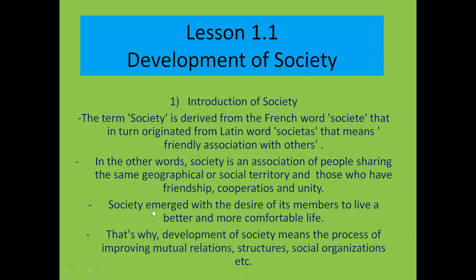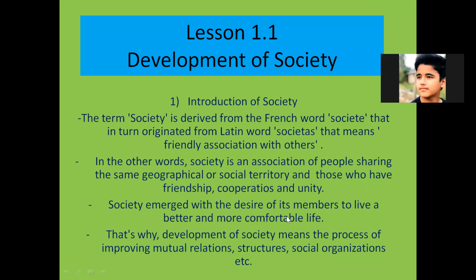Now, society emerges with the desire of its members to live a better and more comfortable life. You know, society emerges with the desire of its members to live a better and more comfortable life. Why have people developed society? People have developed society so that they can live in a comfortable way with their neighbors, and when they are in problem, they can take help from them.